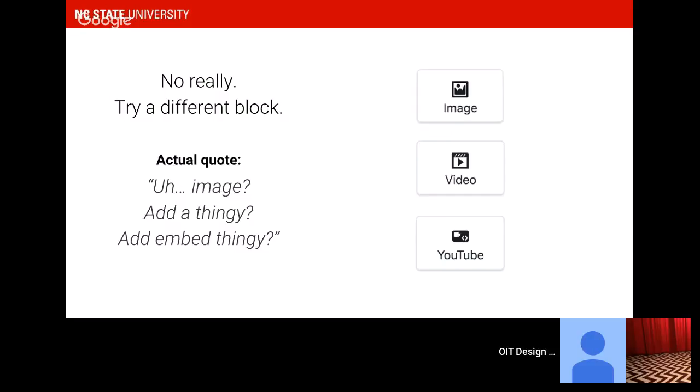You might also think to use the video block because you're adding a YouTube video, but the video block is looking for a URL to a video file in your media library, not a URL to a video embed. And so each of these blocks does slightly different things, and that's something that you learn with experience or with somebody giving you a little bit of guidance, but that leads to some questions and some confusion.